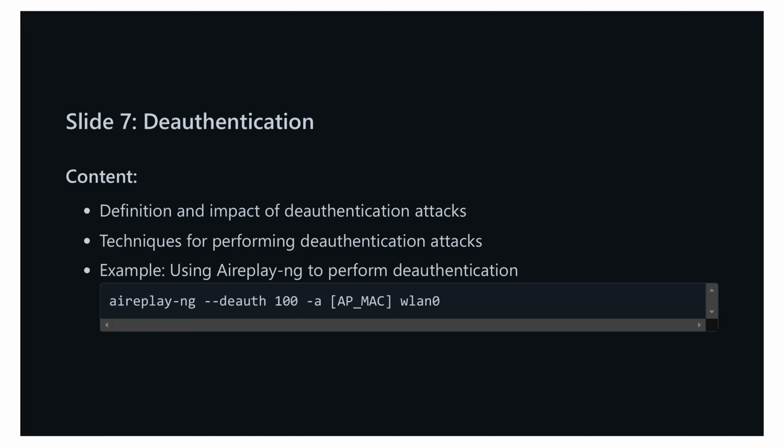Here is an example of how you would use it to perform a deauthentication attack: aireplay-ng --deauth 100 -a <AP MAC> wlan0. In this command, --deauth 100 specifies that 100 deauthentication packets should be sent out. -a designates the MAC address of the target access point, and wlan0 is the wireless interface used for the attack.